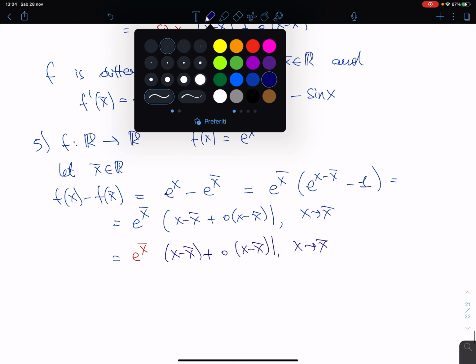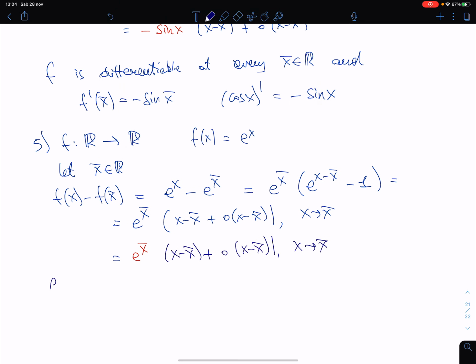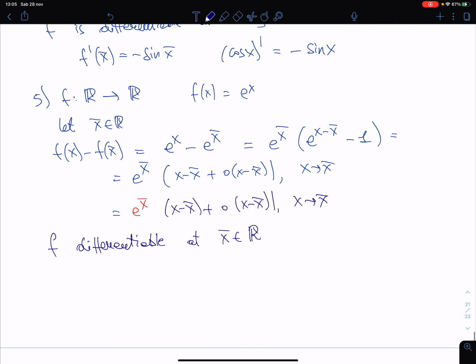And again, f is differentiable at x bar in R, regardless of what this x bar really is, and f prime of x bar is equal to e to the power x bar, so to say that e to the x prime is equal to e to the x.